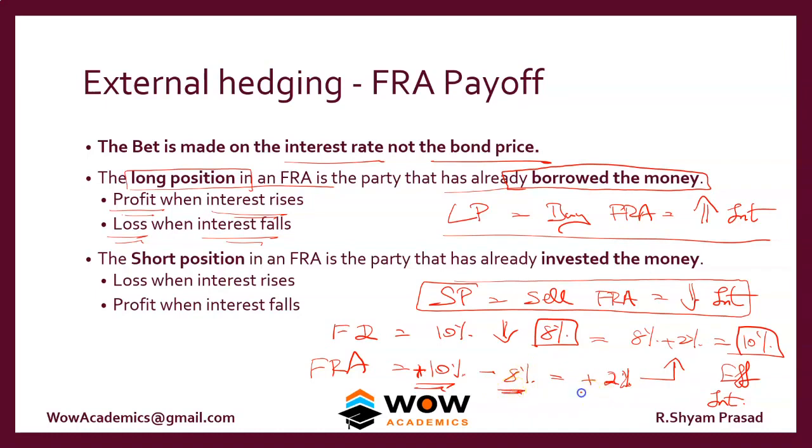He makes a profit of 2%. The actual FD deposit has also gone to the market interest rate of 8%. So he has made a loss in the FD, his interest rate has only become 8%, but he has made a profit in the FRA. So that is 2%, and totally he now will get 10% as his interest income.